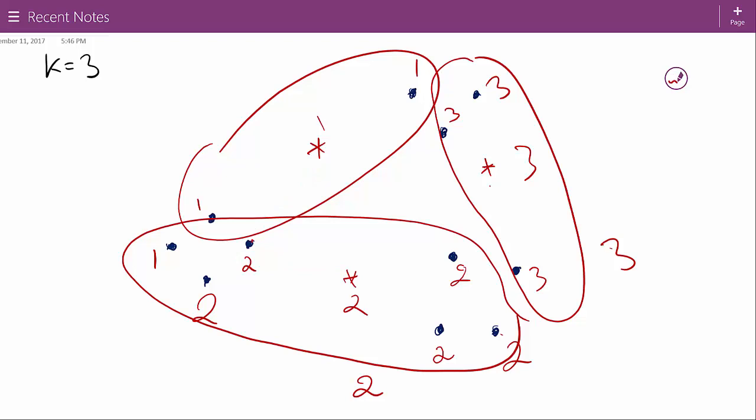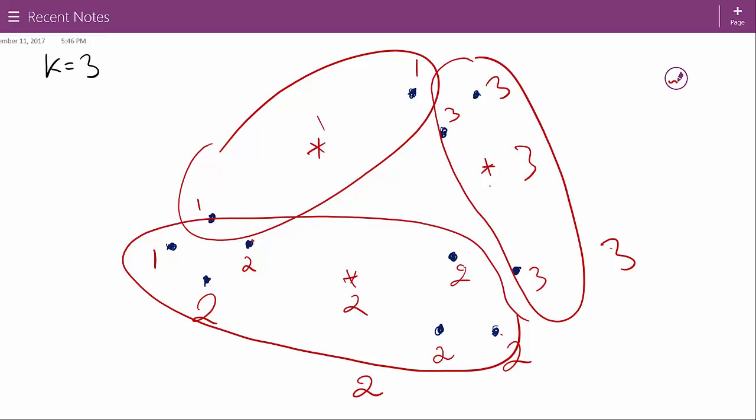So now, 2 and 3. Well, I'm guessing 2 is shorter. So this one is shorter, so it's still a 2. This one is still a 2, I believe. This one is still a 2. How about this one, 3? I believe this is shorter now, right? So therefore, I'm going to still label it as a 3.